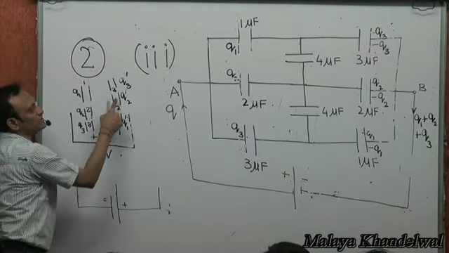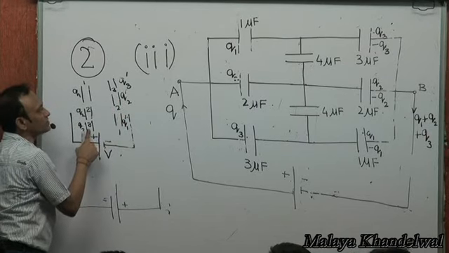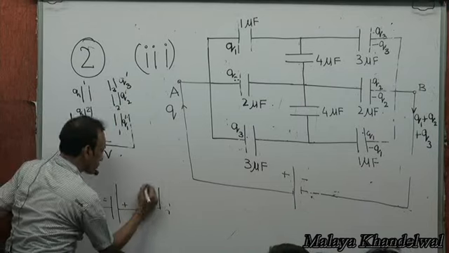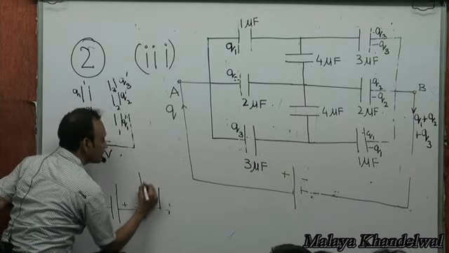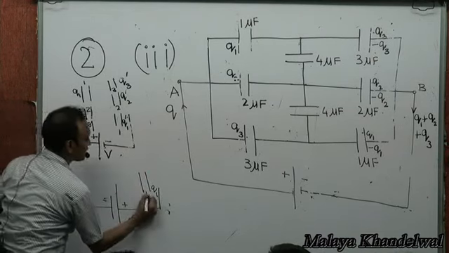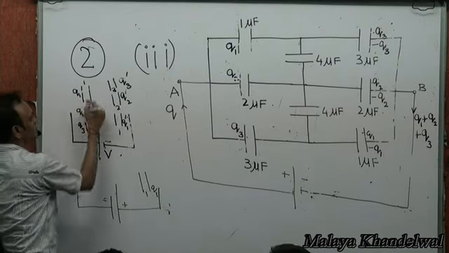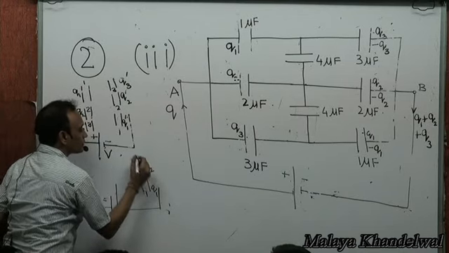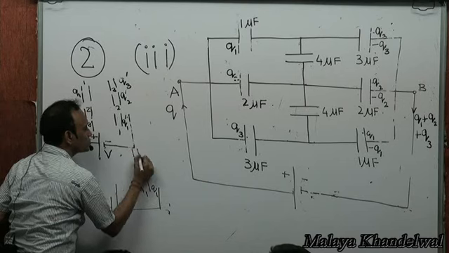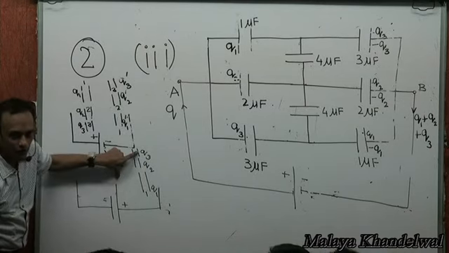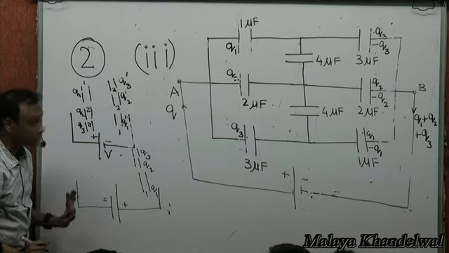Whatever you saw of this capacitance will become of this capacitance. Whatever you saw of this 3 will become of this 3. Yes or no? That means now, when I am reversing the polarity, this would be 1 microfarad Q1, this one is the same as this one. Then this would be the second capacitor Q2. This would be the third capacitor Q3. Yes or no? These 3 capacitors would now be Q1, Q2, and Q3 on reversing the polarities. Yes or no?